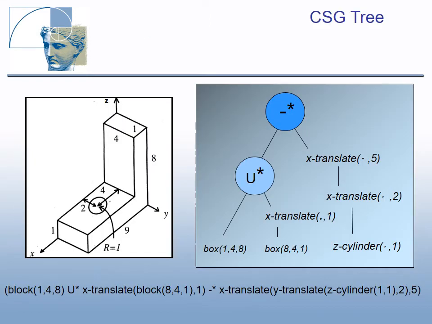Primitives are placed in the leaves of the tree, and operations in the nodes. For example, for the presented object, the CSG tree at the right includes three primitives in the leaves: two boxes and a cylinder, three translation operations, and two regularized set operations: union and difference.